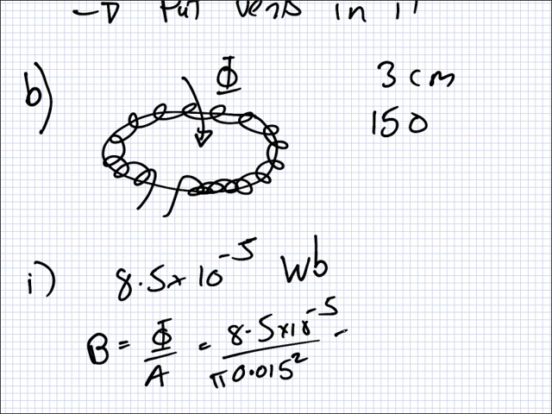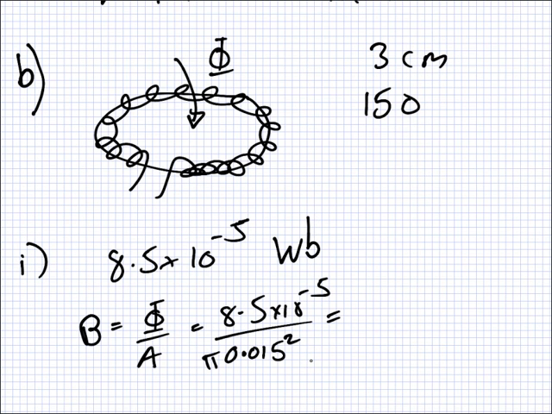So what's that now? 0.1202 Tesla. What's the answer in the marking scheme? 8.02 times 10 to the minus 4.